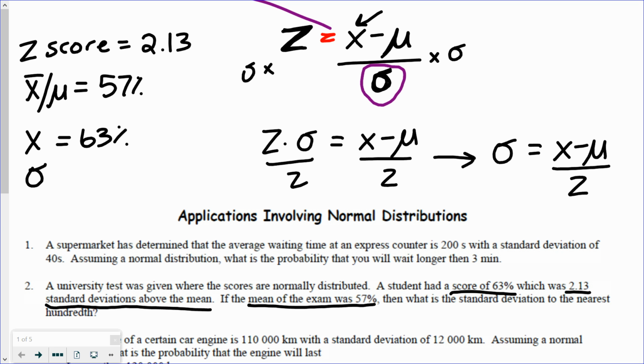So that formula can be rearranged depending on what pieces of information you're given. That's why I wanted to go over this, because a couple of these have that rearrangement as a requirement. So for this question, 63 was his score, subtract the mean, 57, divided by the Z-score of 2.13, gets me a standard deviation of 2.817, something like that.